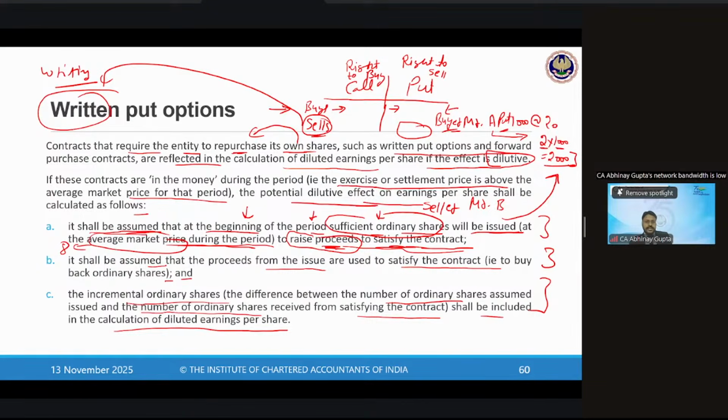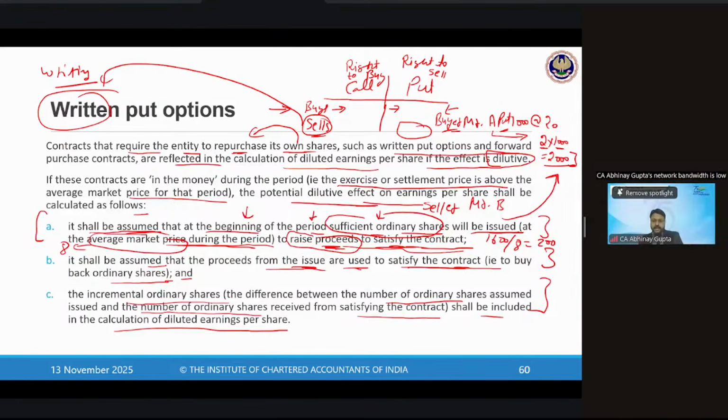Second, it shall be assumed that proceeds from the issue are used to satisfy the contract, that is, to buy back the ordinary shares. What does this mean? That we are not raising or issuing any additional shares, right? Although we have the contractual obligation of 1600, management could think that since we are issuing anyway, instead of issuing only these 200 shares, let's raise more funds.